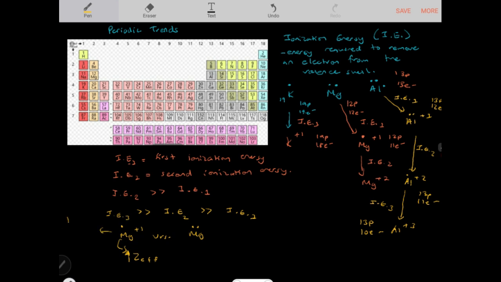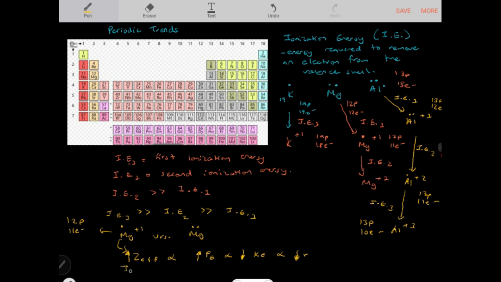Because you have 12 protons here and 11 electrons, and now there's a much stronger dominant force attracting the electrons. And there's also less shielding of electrons, right? Because you have less shielding, there's a large effective nuclear charge, which increases the force of attraction, which reduces the kinetic energy, and as a result, this also reduces the separation distance, right?